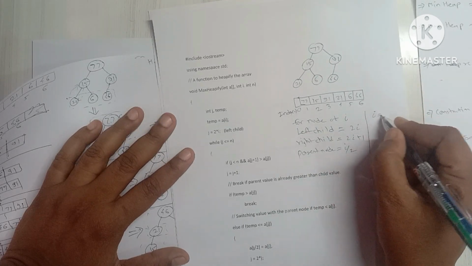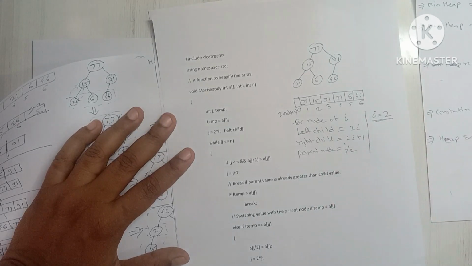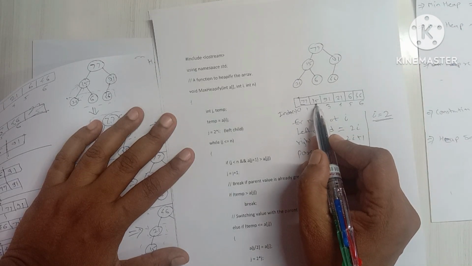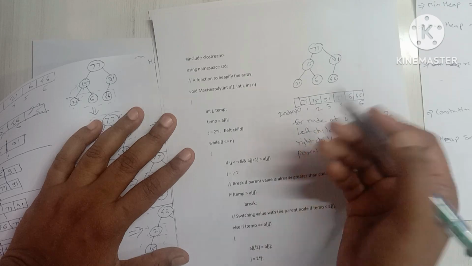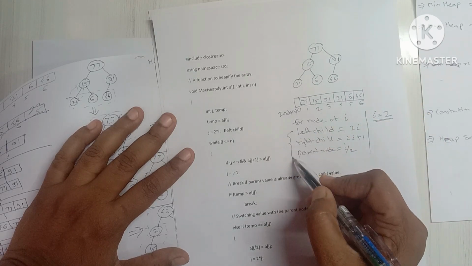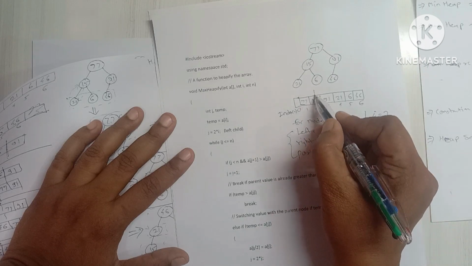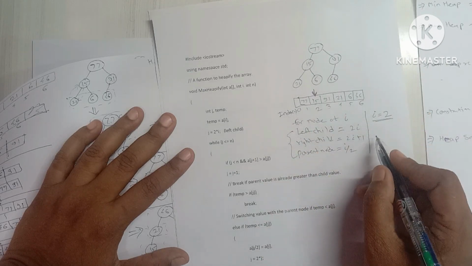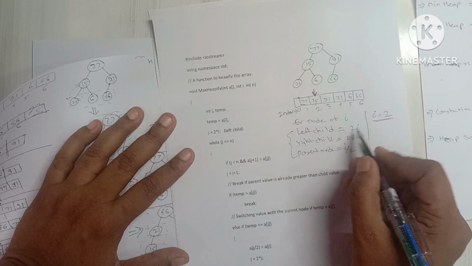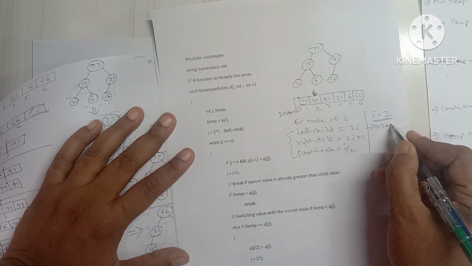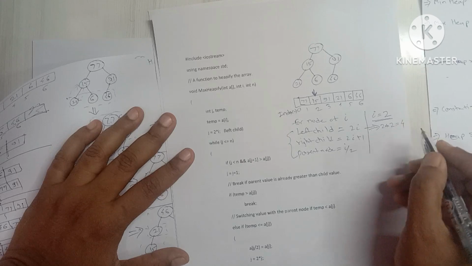Suppose I is 2, meaning at the second location, whatever the node is there, we need to find its left child, right child and parent node. So we can apply this formula. For this 15 we need to find the left child. We find it by using 2I. 2 into I, the value of I is 2, that is 4.